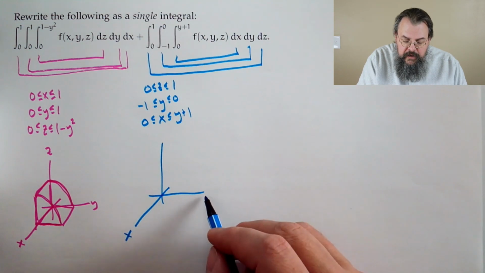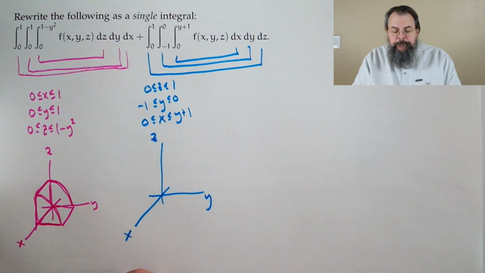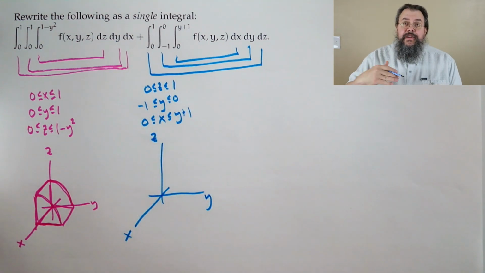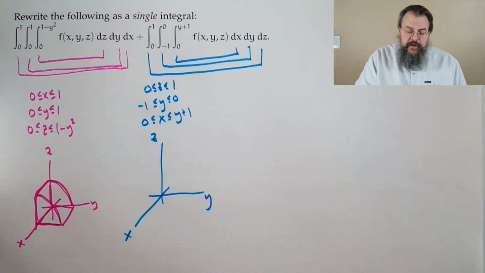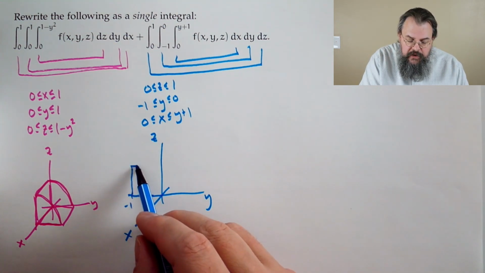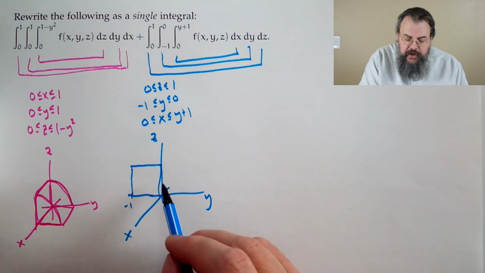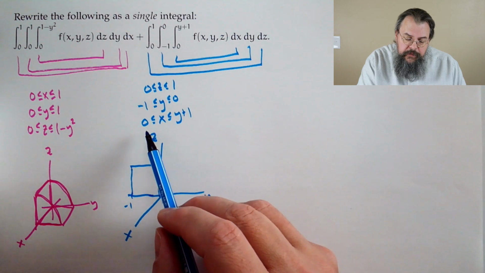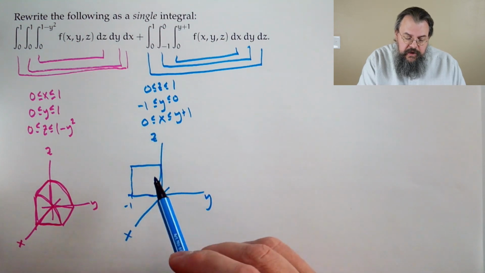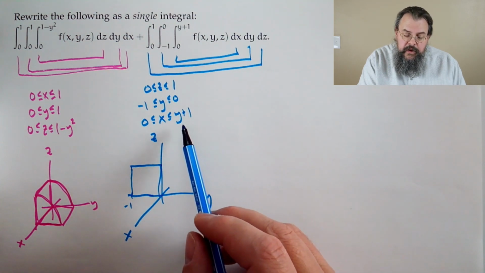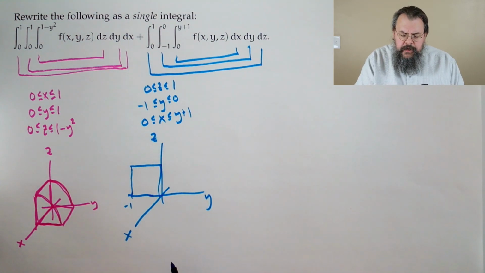So we have x, y, z. And we can see, just from the first two, z goes from 0 to 1, y goes from negative 1 to 0. So that says you start with a nice square here in the yz plane. And then we're told we're going from x equals 0, which is this part right here, to x equals y plus 1. Well, what does that look like?